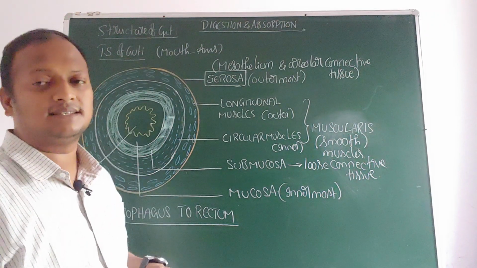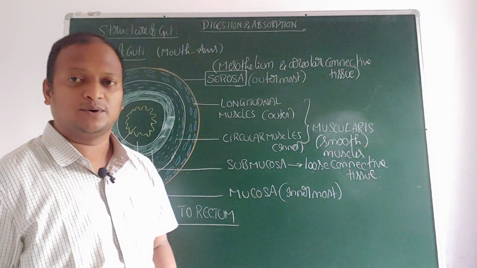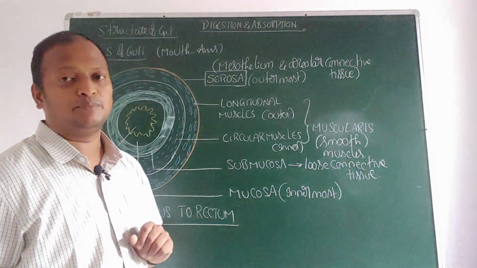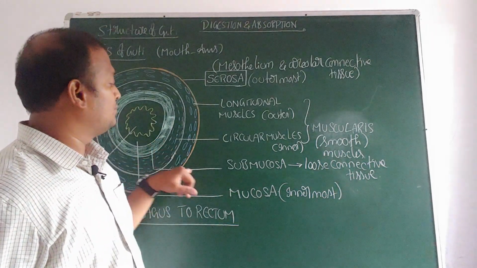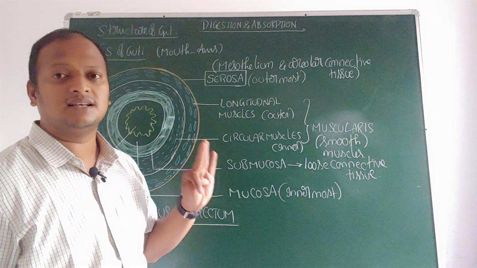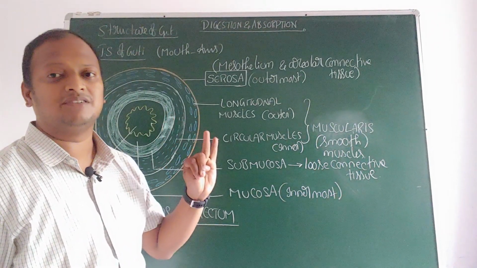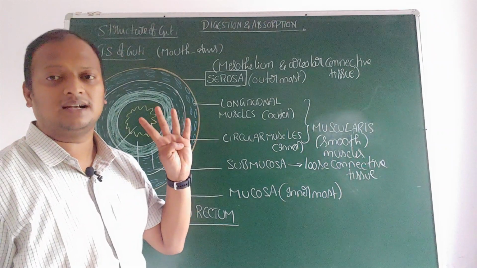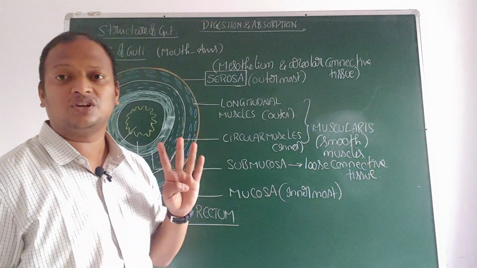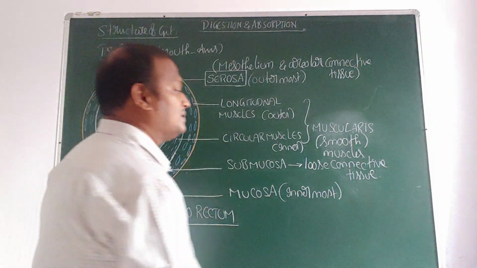Okay, students, right? And one of the most significant points of submucosa: the submucosa is supplied by blood vessels, lymph vessels, and nerves. Nerves, blood supply and lymph supply go to which layer of the gut? That is submucosa. Okay, students, that point you need to mention here.